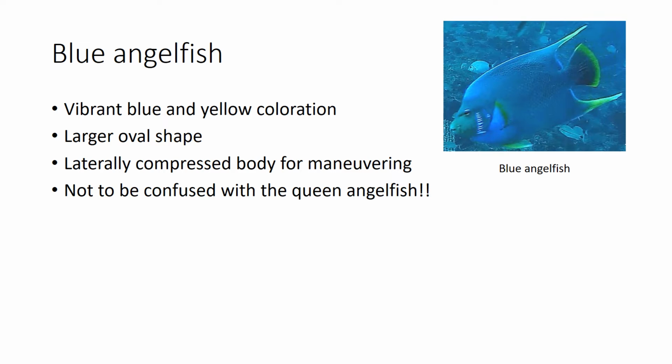It also has an oval shape to its body, and fish that fit this description are called colorful ovals. Its body is also laterally compressed, which you can see in the video, which makes it good for maneuvering as well, which is beneficial because the angelfish is also a prey item.